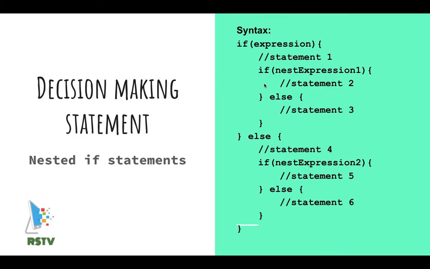You can use anything: inside if you can use only if, fine. Inside if you can use if else, fine. Inside if you can use if else if also, that is also fine. For nested ifs, there is no limit. Inside of an if you can give any ifs and any elses. Based on your project requirement you can use nested if statements.